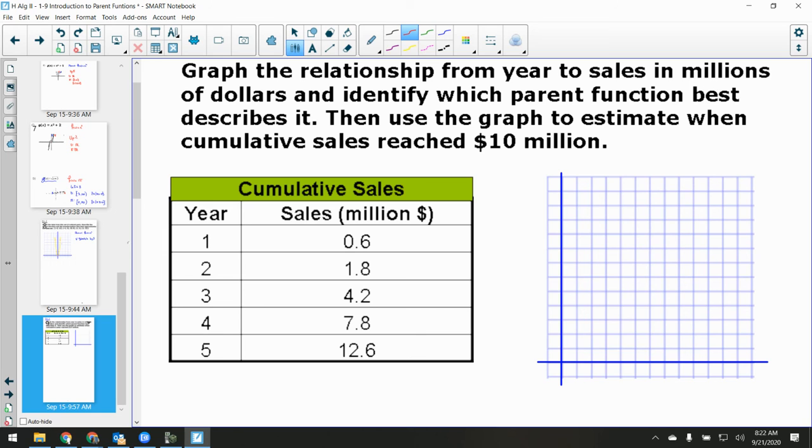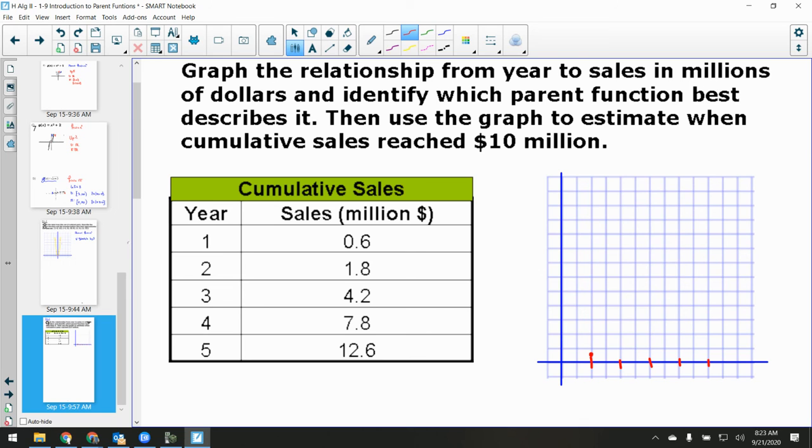Okay, so I got 5 years. Let's say year 1, year 2, year 3, year 4, year 5. All right, and let's go up. We'll go by ones for the millions of sales. Year 1, 0.6, somewhere right there.